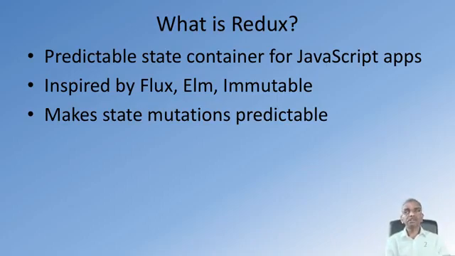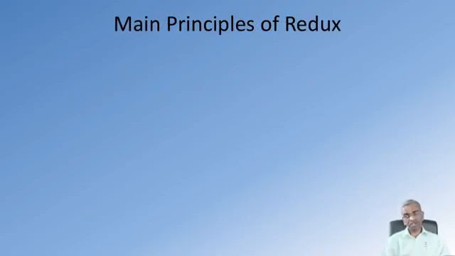Let's examine Redux in a little more detail in this lecture. And then we will move on to the exercise where we will update our application to integrate Redux into our React application. At the outset, let me outline the three main principles of Redux as stated by Dan Abramov.